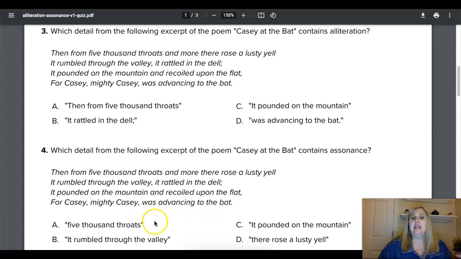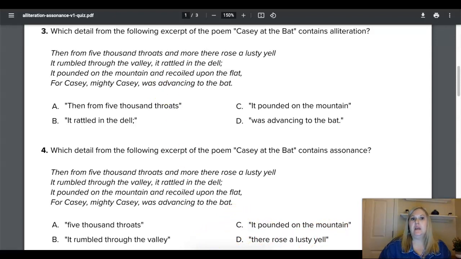So what has the same vowel sounds? 5,000 throats, it rumbled through the valley, it pounded on the mountain, there rose a lusty yell. You see how you've got owl and owl, pounded on the mountain. The rest of them don't have that, so the answer is C there.